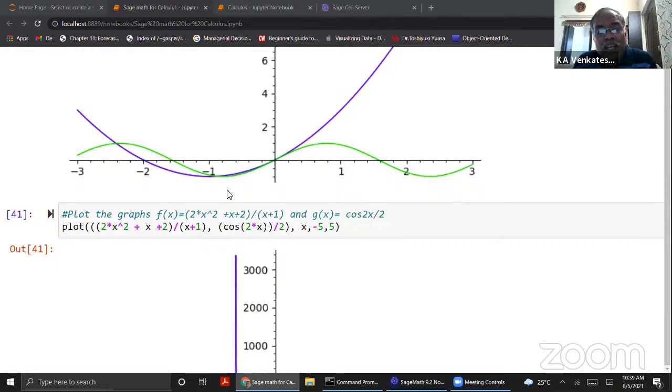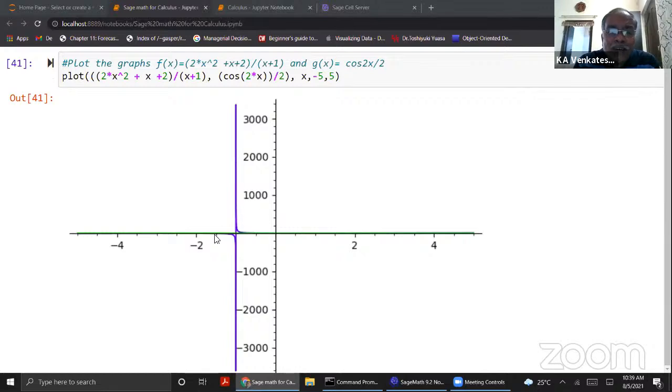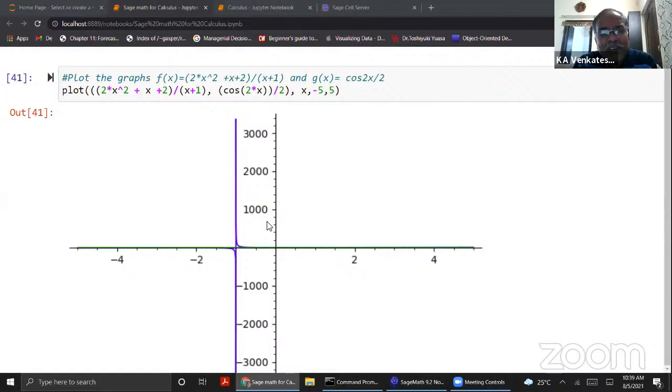The other function is cos 2x by 2. Whenever we write the argument in a trigonometric function, it is supposed to be in one brace. Within the brace, if there is a multiplication, then an asterisk mark is needed. If anything is missing, you will get an error. So now here it looks like I could not visualize anything. There are two graphs, yes, but is this what we are expecting?